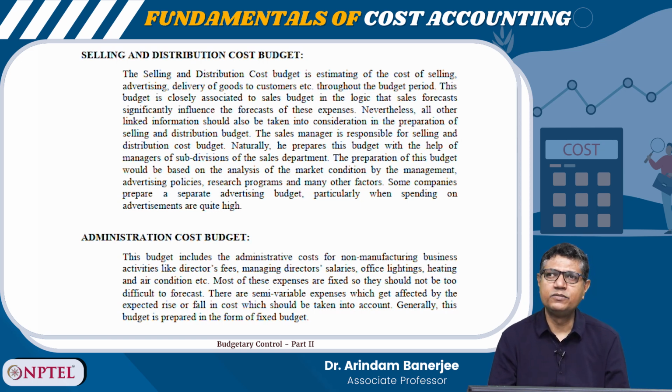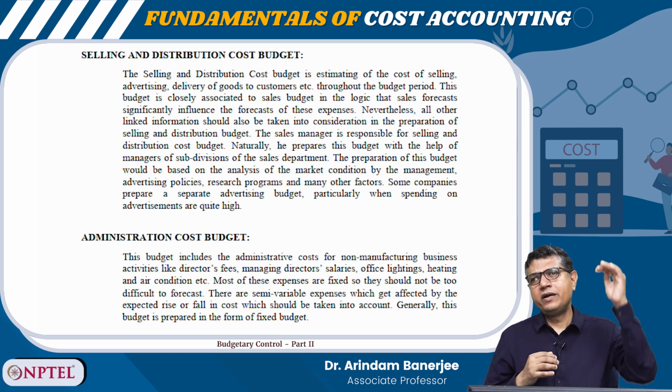So all this comes under the administrative cost budget. A large part of this is actually fixed. It is not directly linked, proportional to your production level. Usually it is fixed. In some cases, it can be semi-variable also.